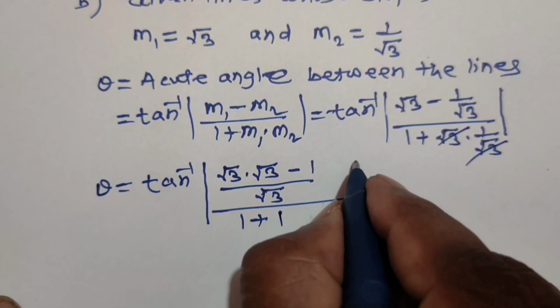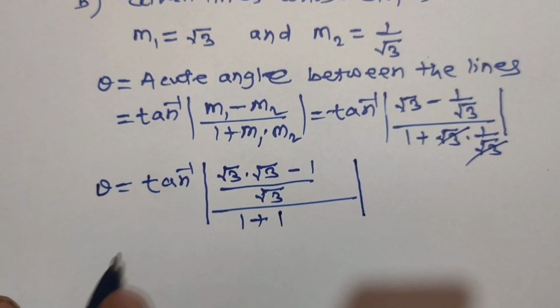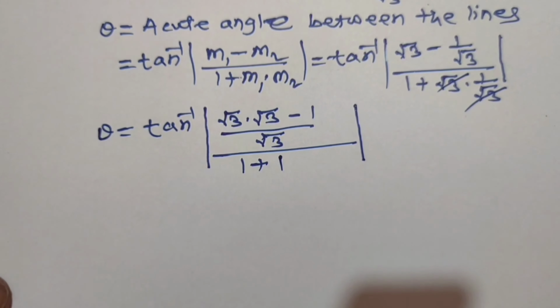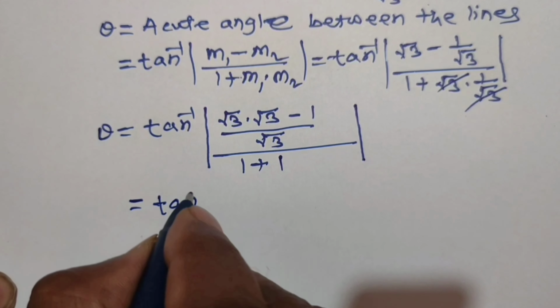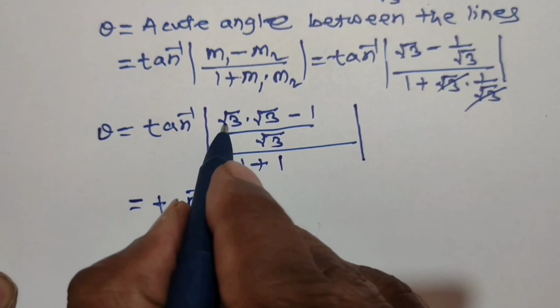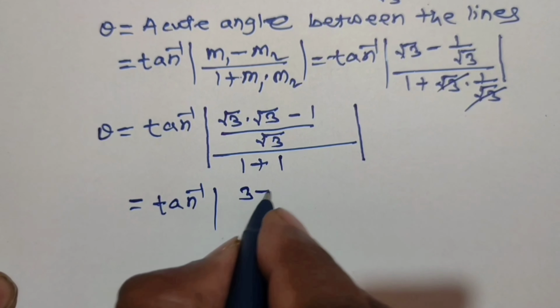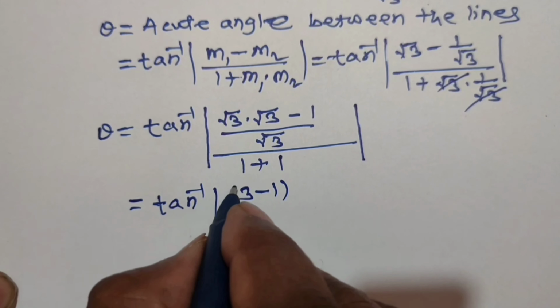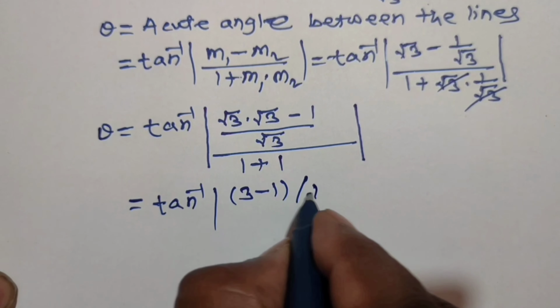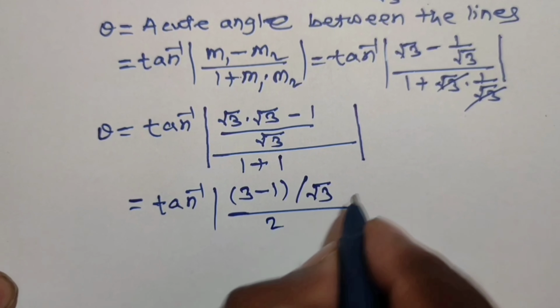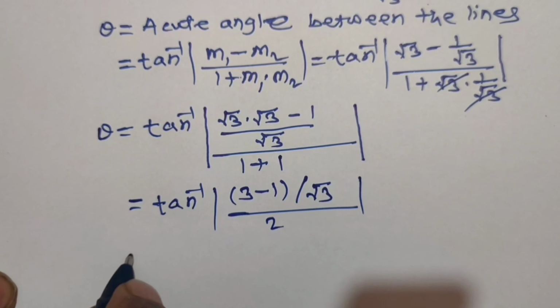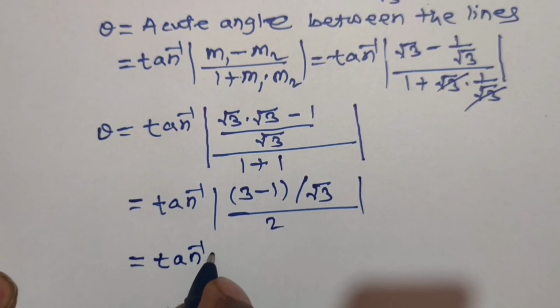Then denominator becomes 1 plus 1. Simplify this. Hence, theta is equal to tan inverse. Numerator becomes (3 minus 1) divided by root 3 divided by 1 plus 1 is 2. Again simplify this. 3 minus 1 is 2 in numerator.